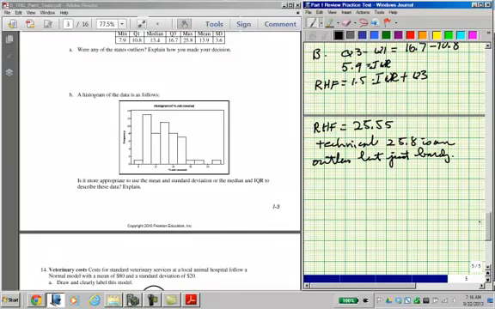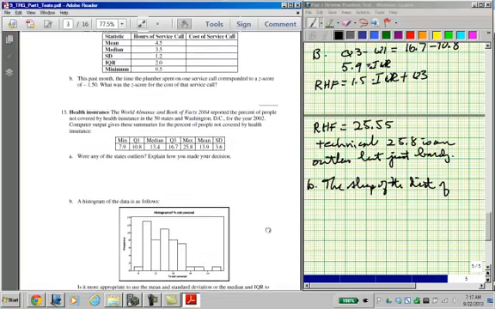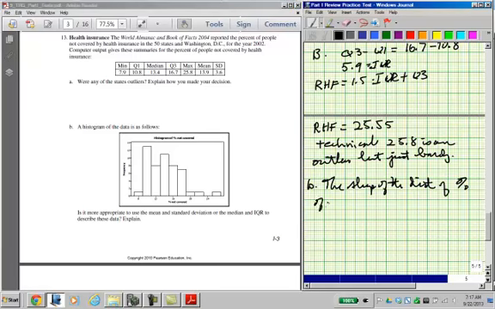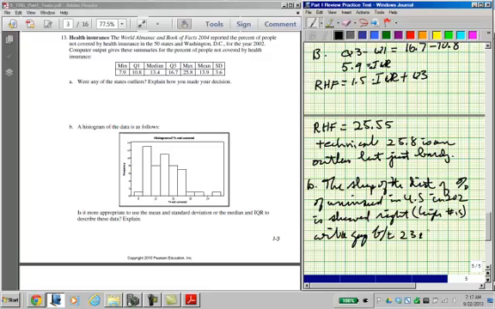Okay, so B, the shape of the distribution of the percent of uninsured in the U.S. in 2002 is skewed right, higher numbers, with a gap between 23 and 25 and an outlier at 25.8%.